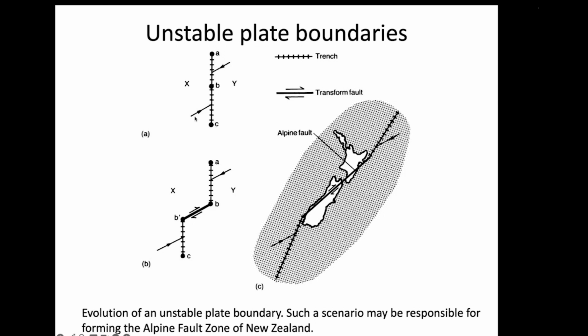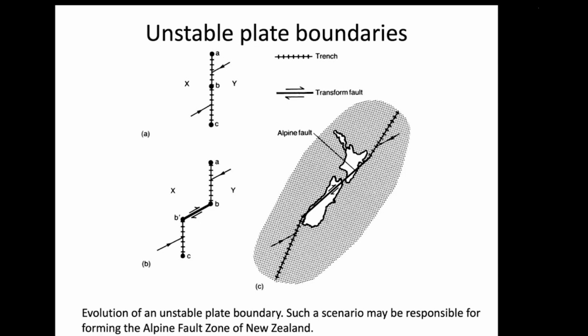In the south, X is subducting beneath Y. In the north, Y is subducting beneath X. And as a result, they're migrating. This west-facing subduction zone is migrating to the west. This east-facing subduction zone is migrating to the east, and a strike-slip fault develops between them. And here we can see that applied to New Zealand and the Alpine Fault. So this is just the idea of an unstable plate boundary.